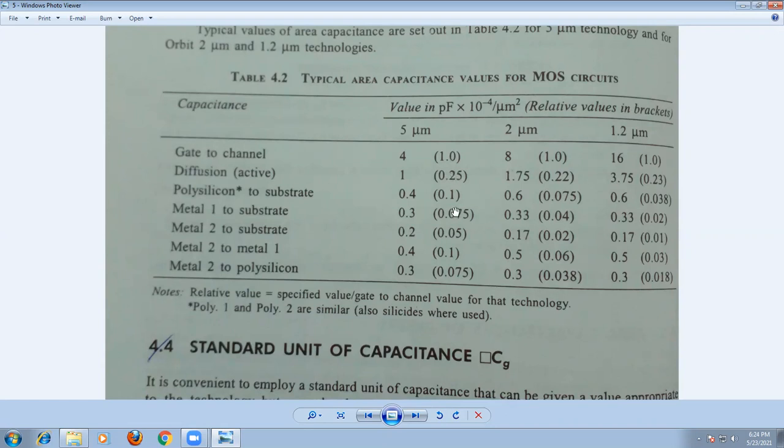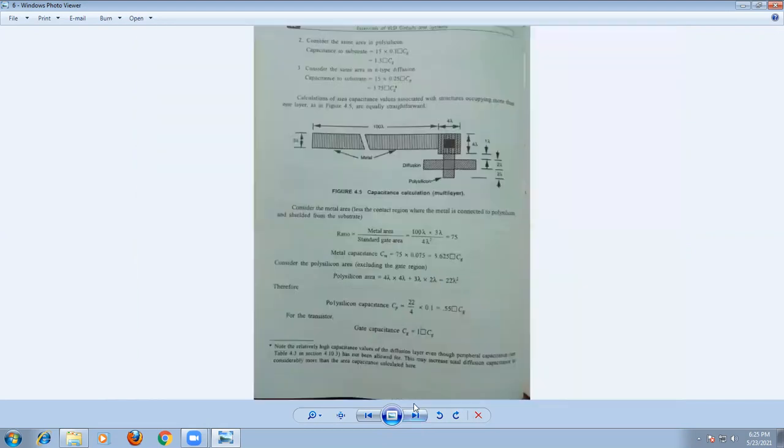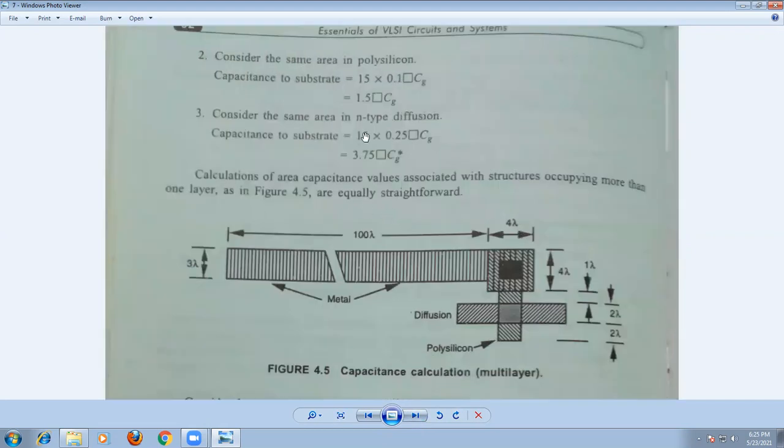You take this value in 5 micrometer technology. So the diffusion capacitance to substrate is 15 multiplied by the relative value 0.25 square Cg. So the value is equal to 3.75 square Cg.